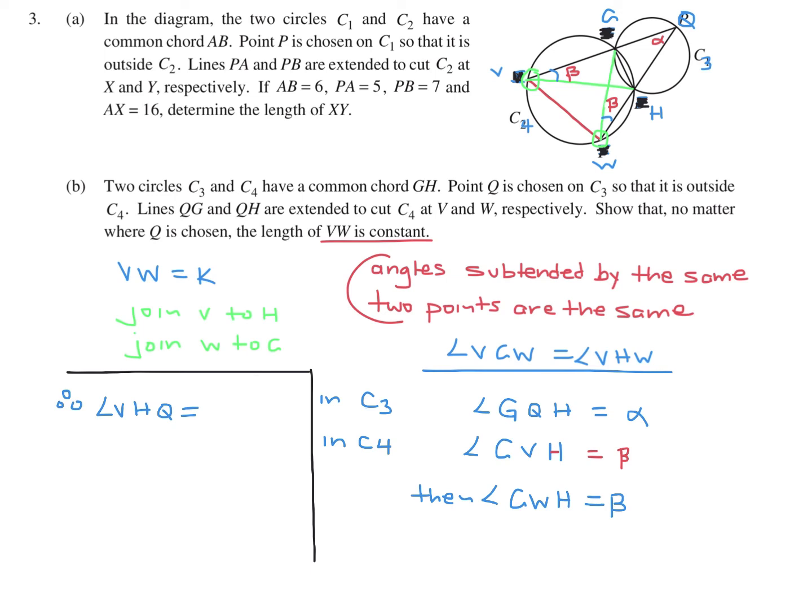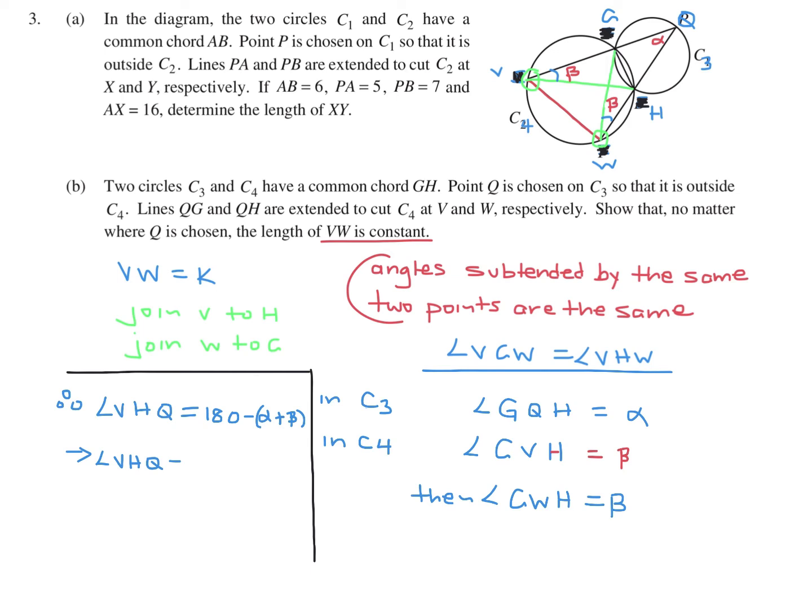Angle VHQ from the perspective of that triangle is 180 minus the other two angles, which are alpha and beta. Correct? There's VHW, there's VHQ.